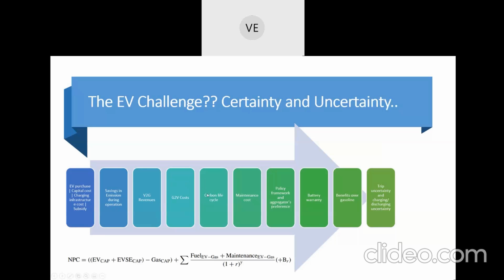Now comes carbon life cycle. We say that when we replace a gasoline-based vehicle with an EV, with respect to operation, there is carbon reduction. But as far as that product is concerned, what is the life cycle carbon emission for that product? That is calculated from the manufacturing phase itself.